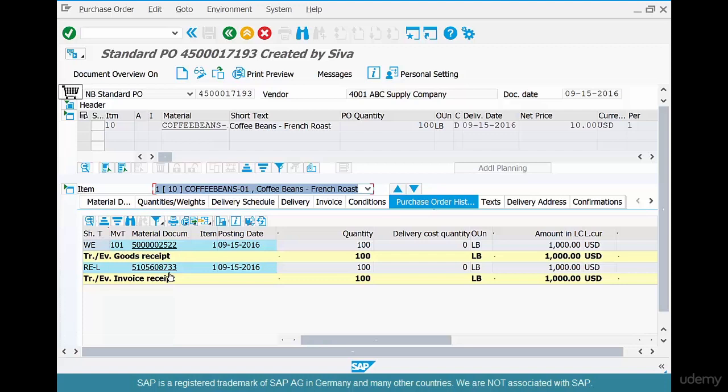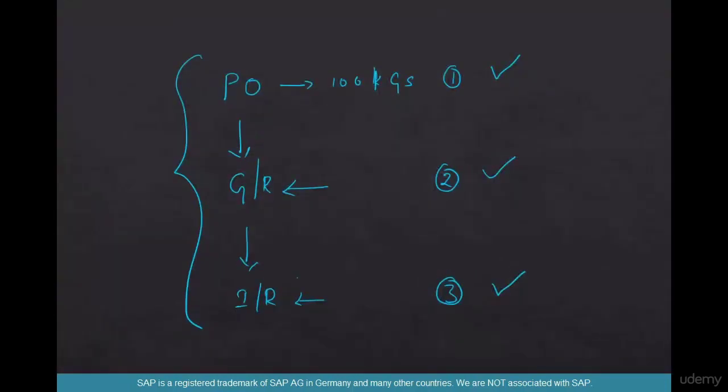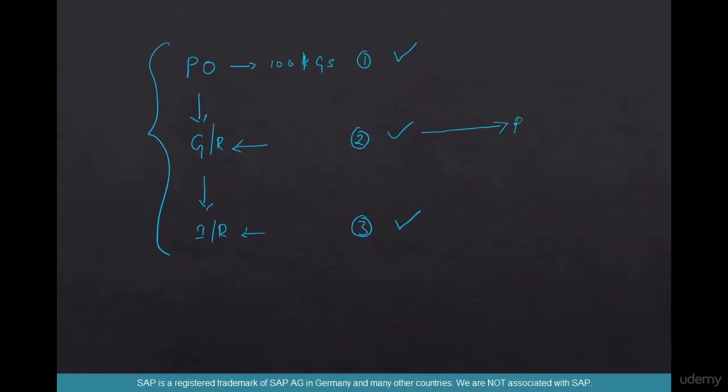The transaction is complete. Now, remember, the goal of this chapter is to do the return. And how do we do the return? Returns, typically inventory-based returns, are done with reference to the GR. So with reference to the GR, you create a return delivery.